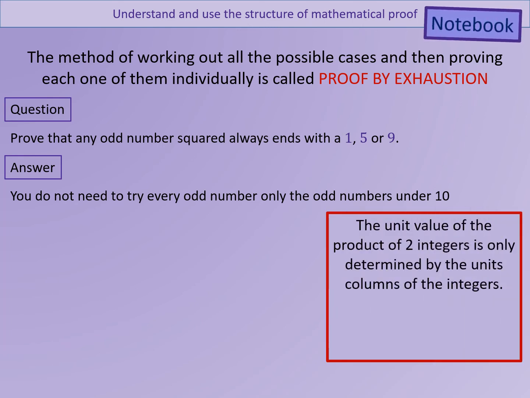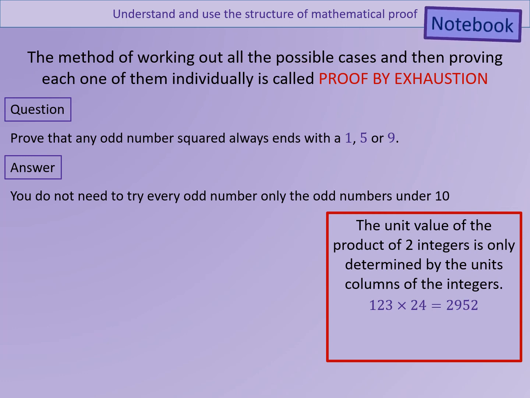And we would explain to the examiner that the reason why we only have to look at those values is that the unit value of the product of two integers is only determined by the unit columns of the integers themselves. So what I mean by that is that when I am multiplying two numbers together, I only have to look at the two values at the end of each number to decide what my final number will end in, what the product will end in.